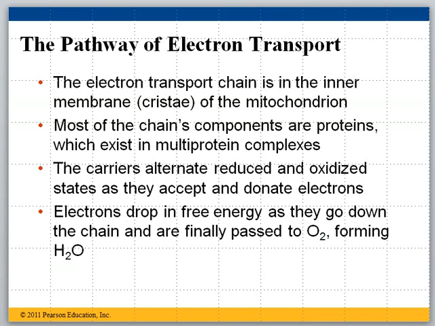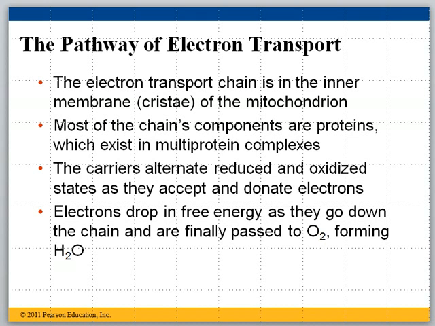So it's a number of different proteins all working and stuck together that act as a step-by-step chain to move these electrons down toward oxygen, which is the final electron acceptor. So these carriers alternate reduced and oxidized states. These carriers are kind of taking electrons, passing them on, taking electrons, passing them on.